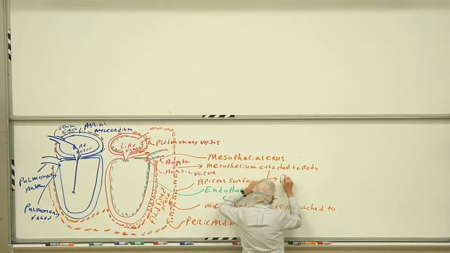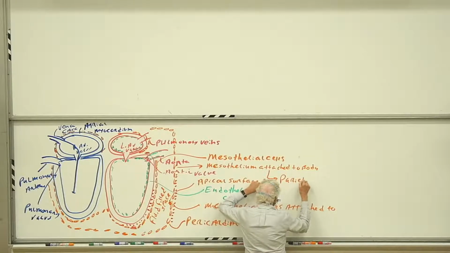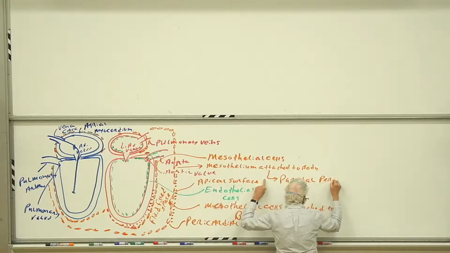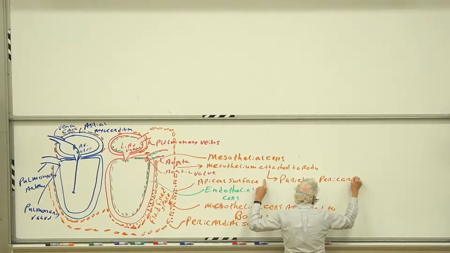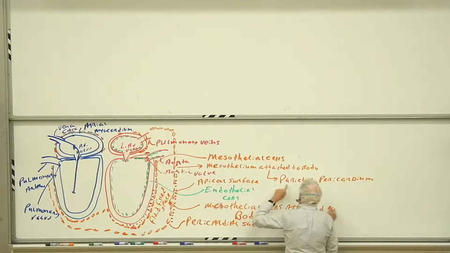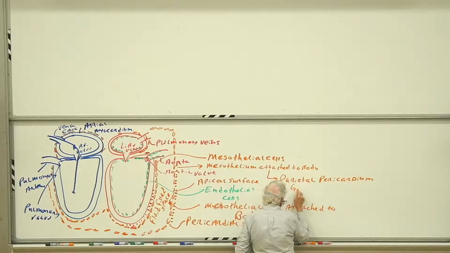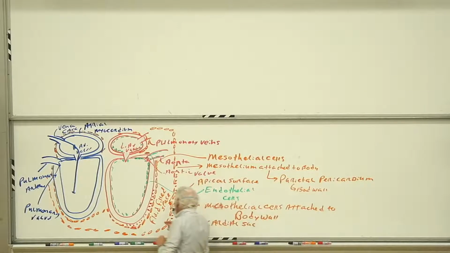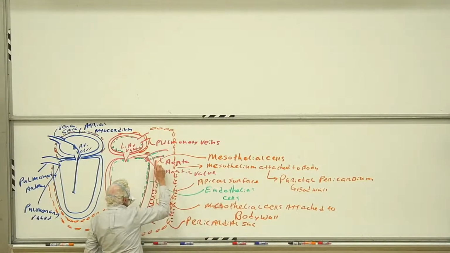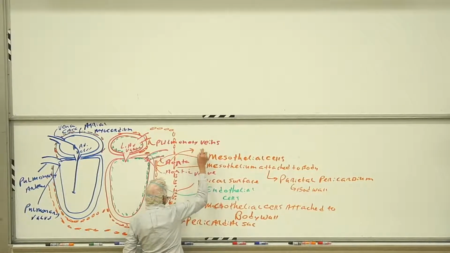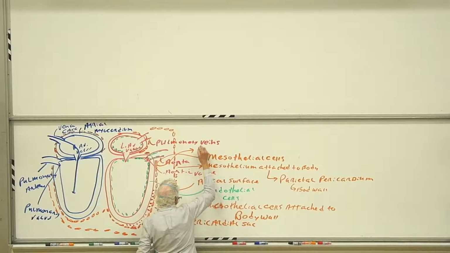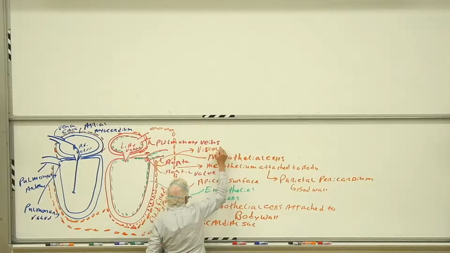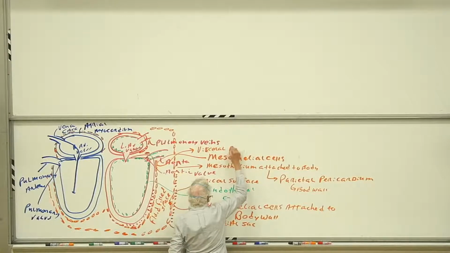It's called the parietal pericardium. It's parietal because it's the body wall. But similarly, these mesothelial cells in here also get a name. These are called the visceral pericardium.